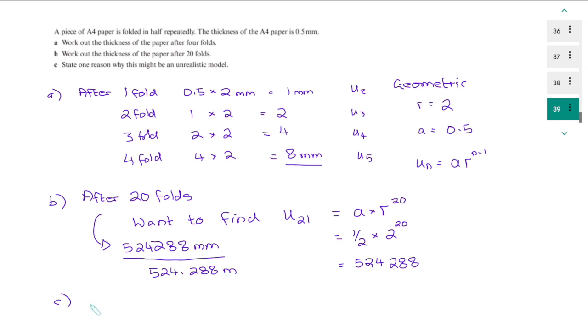So your one reason here is it's impossible to fold a sheet of A4 paper that many times. So that would be fine. If you've ever actually tried to fold a sheet of A4 paper, or even really thin tissue paper, you can't do it more than about 4 or 5 times, I think. So it's just absolutely impossible.